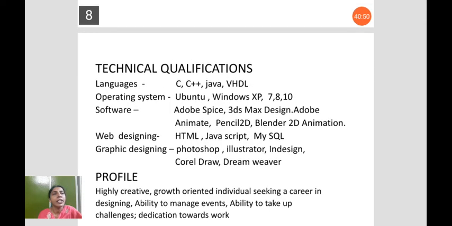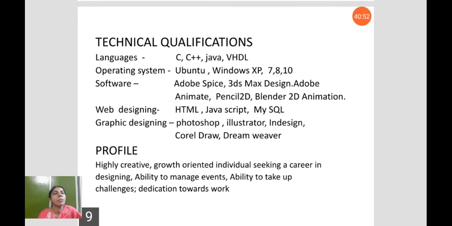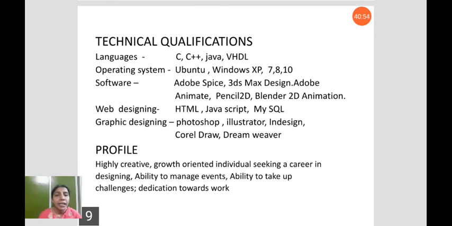And then here, see technical qualifications. This is one most important thing. In the advertisement it is clearly mentioned to know the software of 3D and 2D design, and he has mentioned that he should know Adobe Spice. So the candidate must be proficient in that.